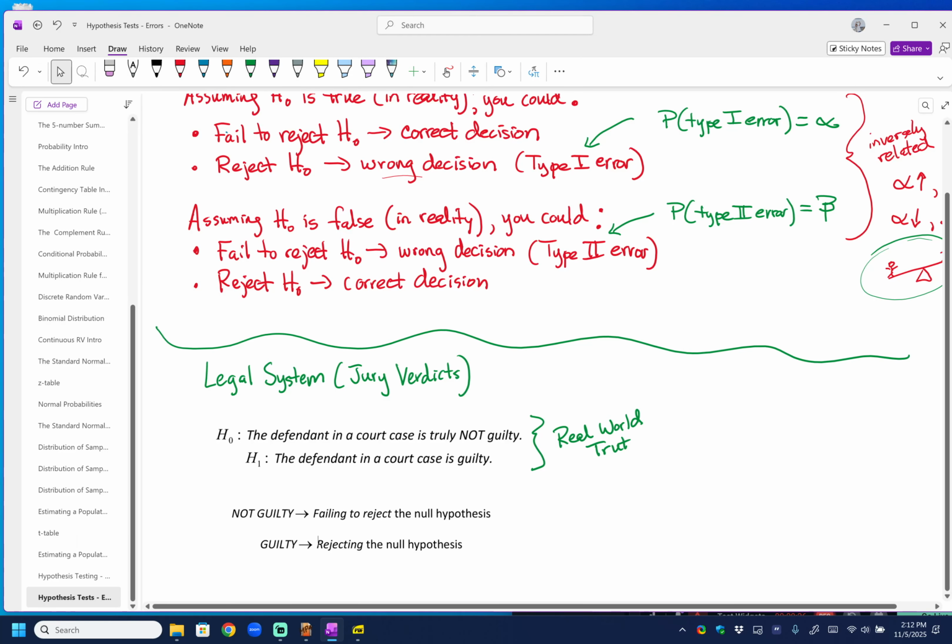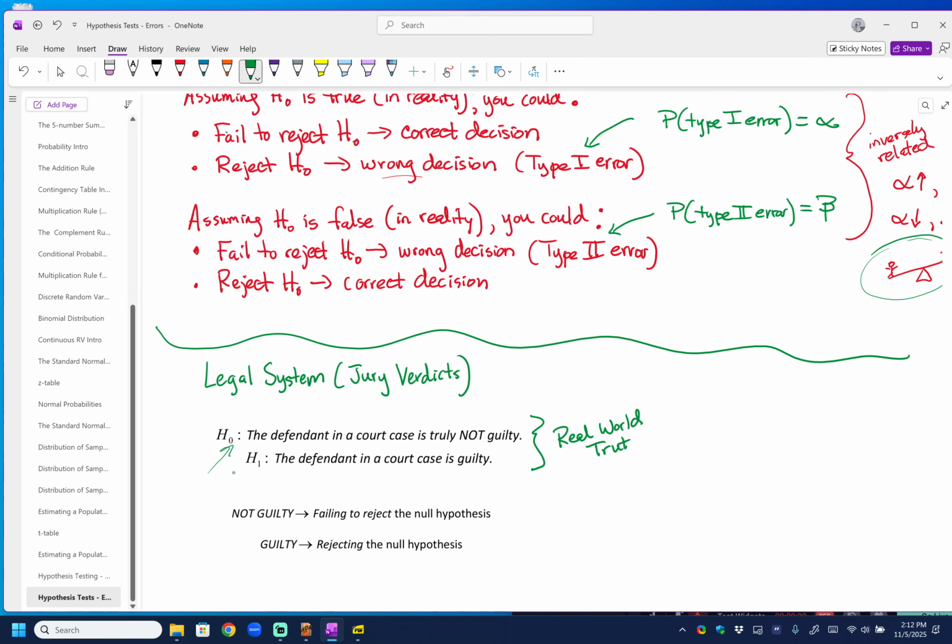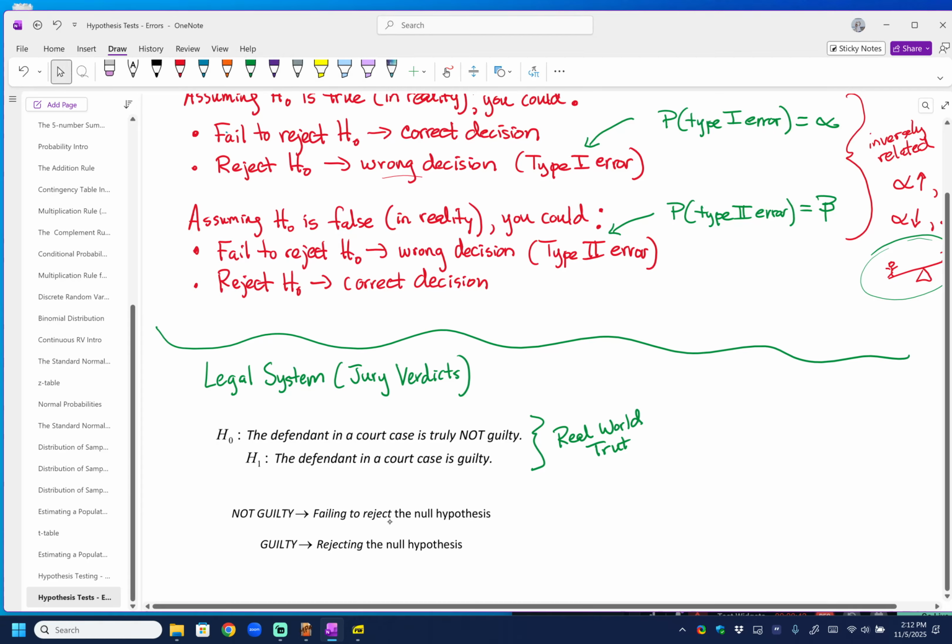This makes sense because the null hypothesis is that they're not guilty, and if you're failing to reject it, you are siding with that. Whereas rejecting the null hypothesis is going to be that they are guilty. Same idea: if the null is that they're not guilty and we're rejecting that, we are saying that they are guilty. So this is going to be the jury verdict.